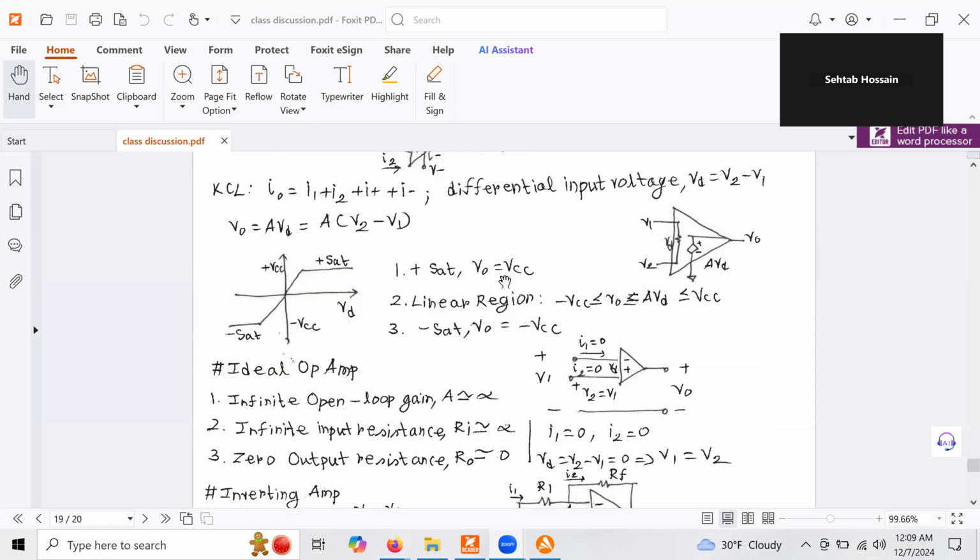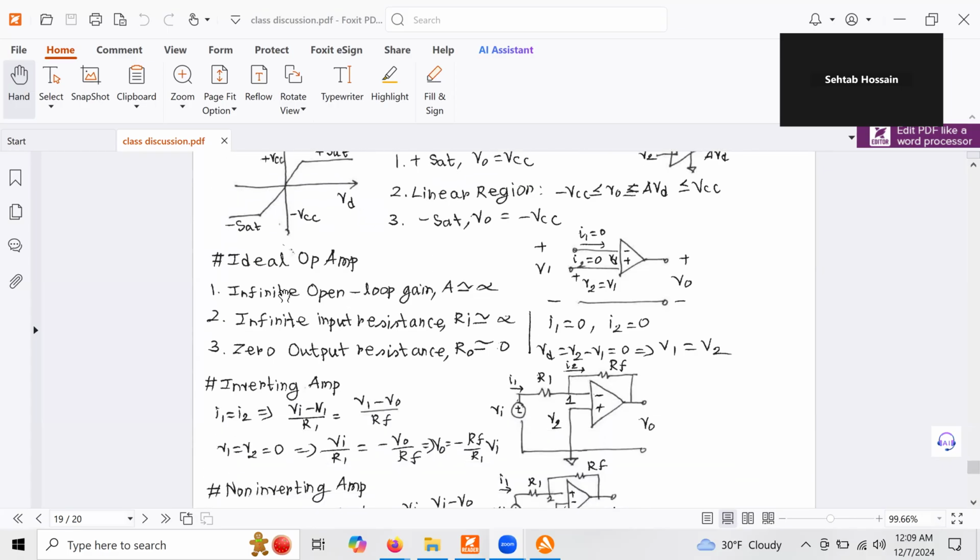When V0 is positive VCC, it is in positive saturation. For the linear region, the output voltage V0 is between plus and minus VCC. And for negative VCC, V0 is in negative saturation.